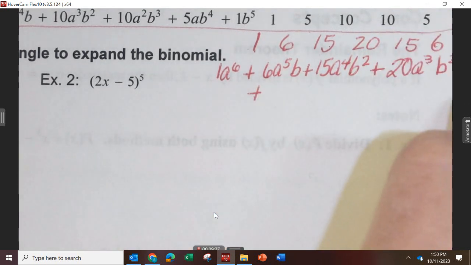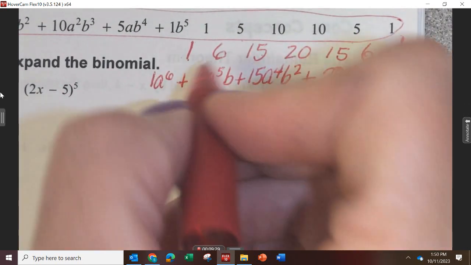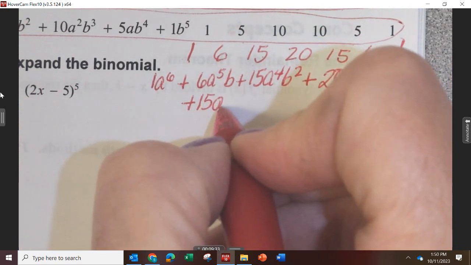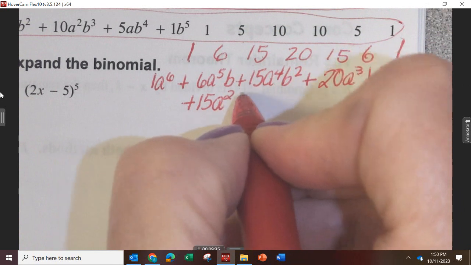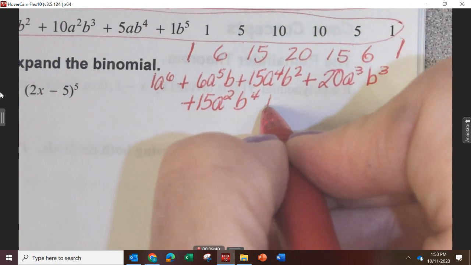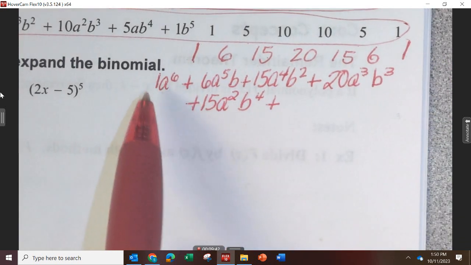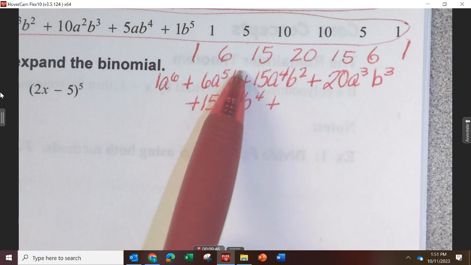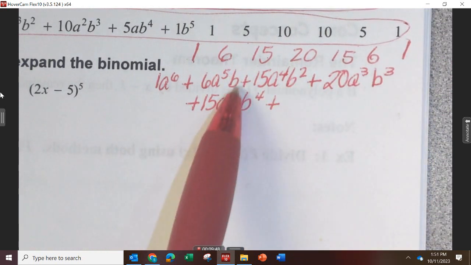Okay, then the next term. What's the coefficient on the next term? 15. And then what's it going to have to do? A to the what? 2nd. B to the what? Good. Look at the pattern. You got to think, you guys. Don't just listen to everybody else. A to the 6th, A to the 5th, A to the 4th, A to the 3rd, A to the 2nd.